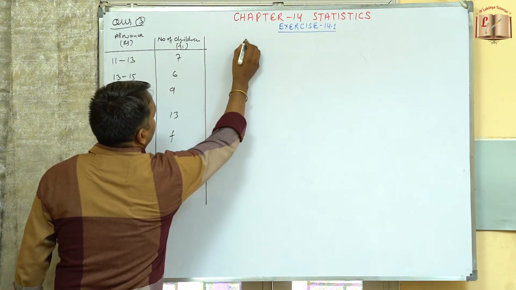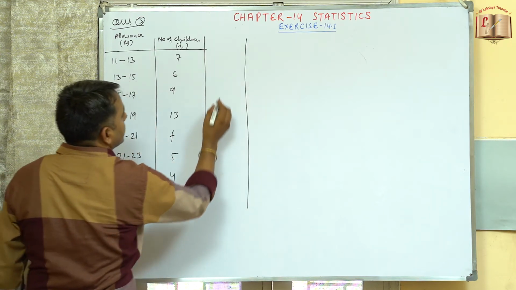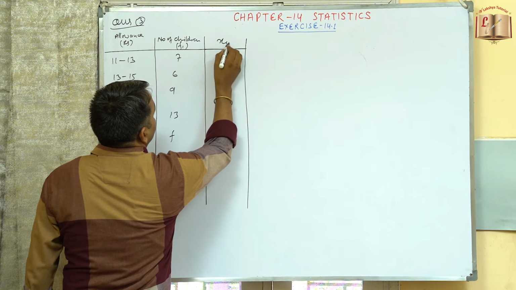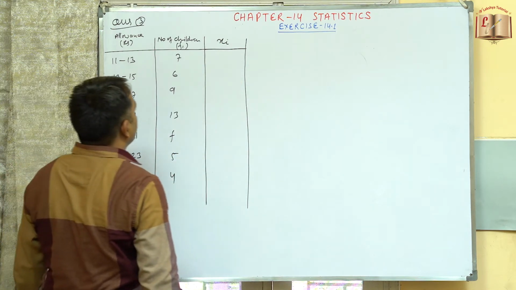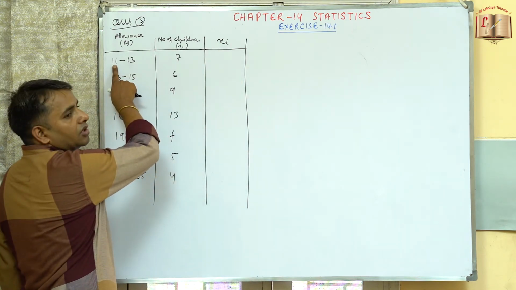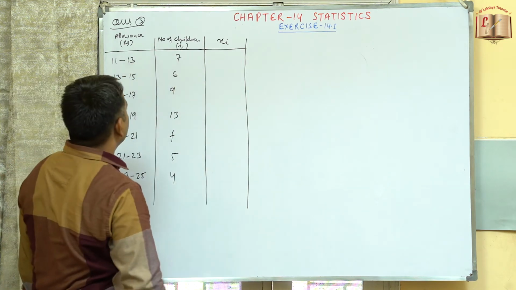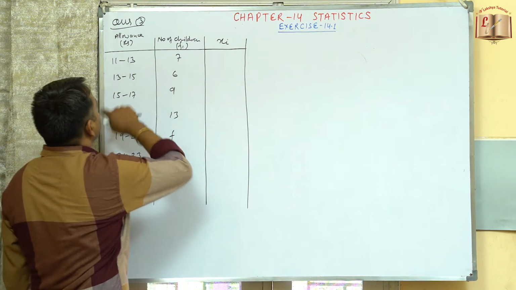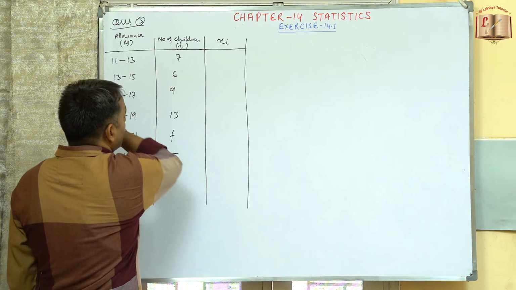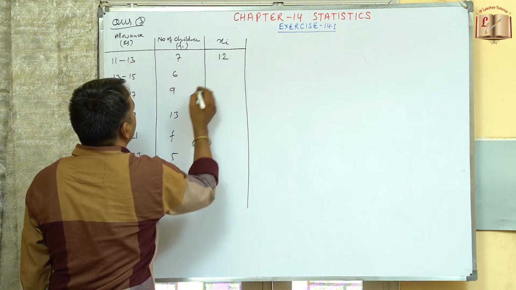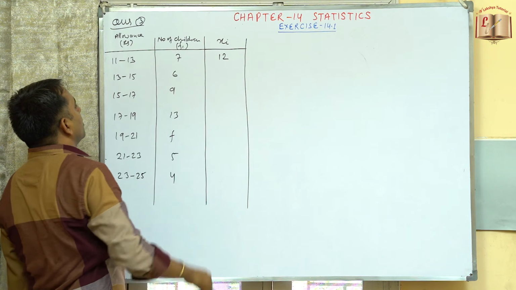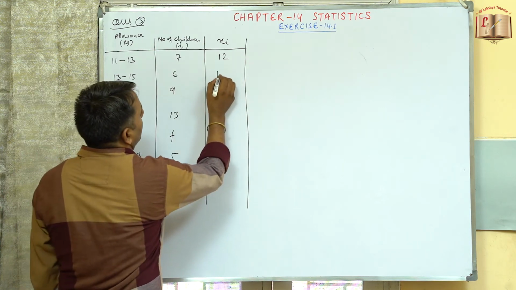So first of all we will calculate the xi. Again xi will be the sum of the lower limit plus upper limit divided by 2. So this will be 11 plus 13, this will be 24 by 2, so this will be 12, and next this will be 28 by 2, so 14.